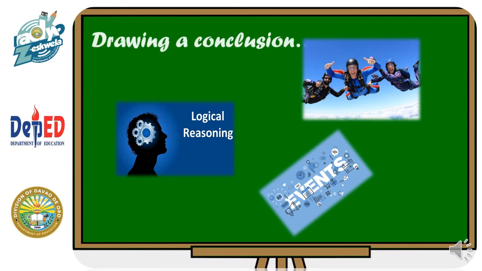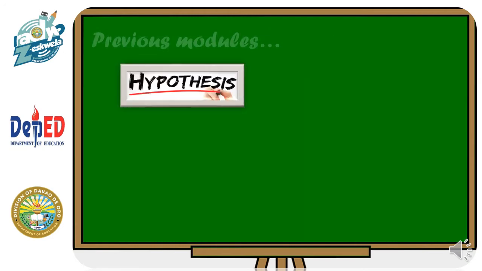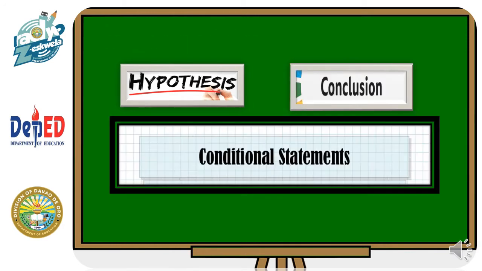For today's lesson, you will be taught how to make a sound and logical conclusion from specific or general conclusions. In the previous modules, you have learned about identifying the hypothesis and conclusion of conditional statements and the validity of these statements based on truth value.